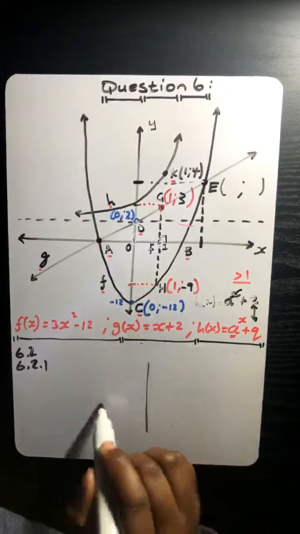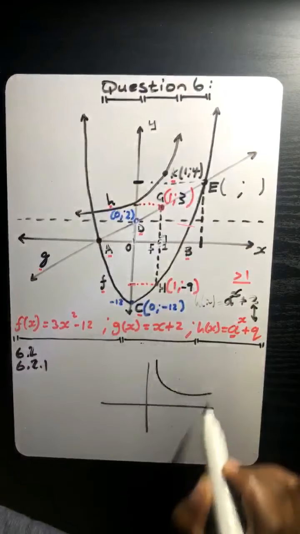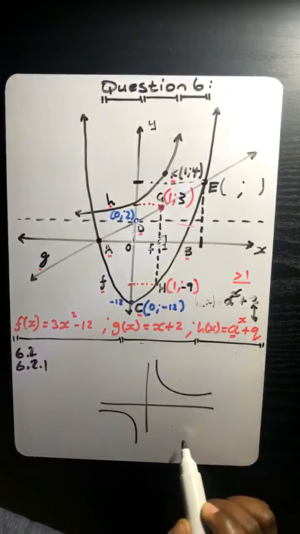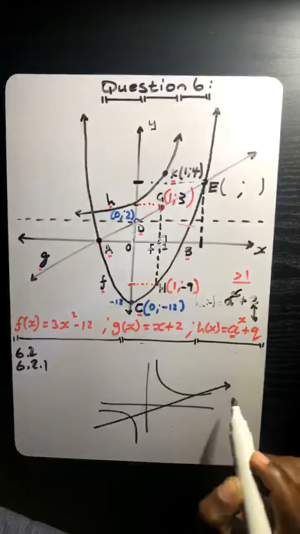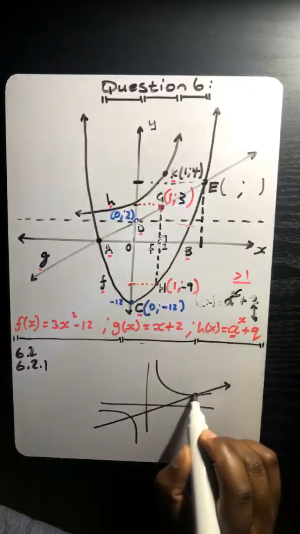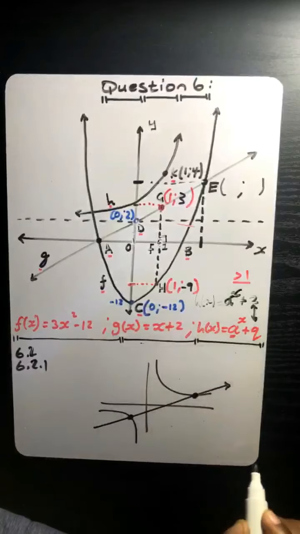So on that, let's say we've got this function and also that one, and for some reason we've got a straight line. So this point and that point, can you see what happens there, Lerato?